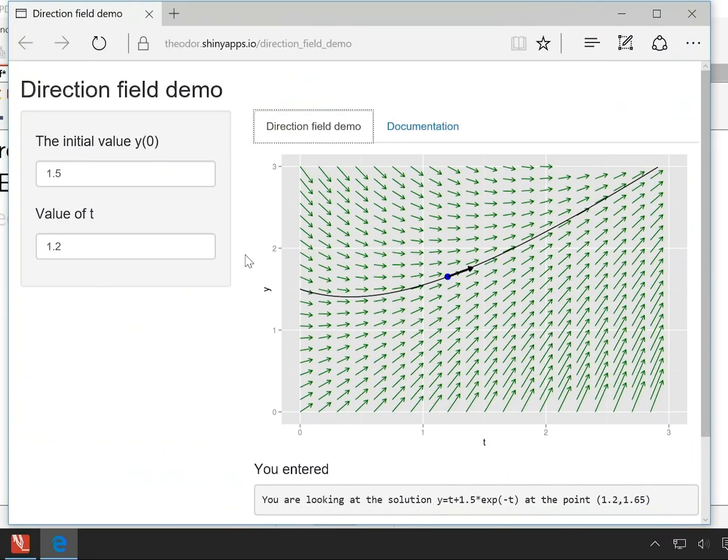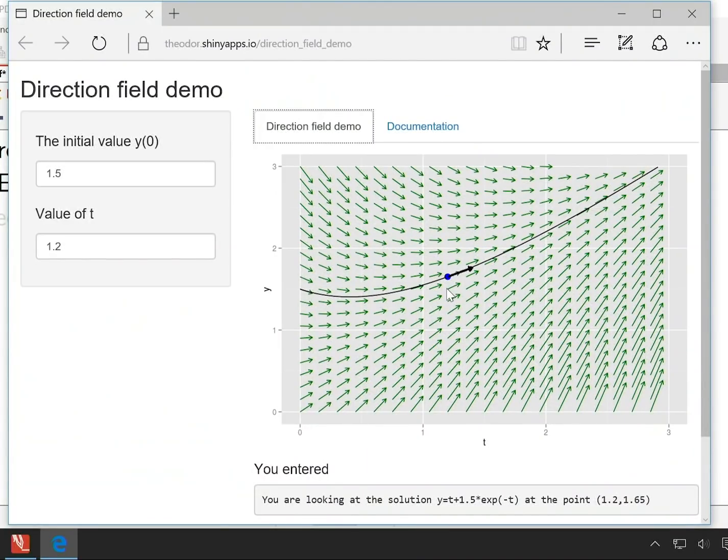Here, the initial value of y is 1.5, so the point (0, 1.5) is on our solution. The black curve is a solution. As you see, it follows the arrows. Each arrow here is a tangent vector to this curve, attached to a point on the curve.